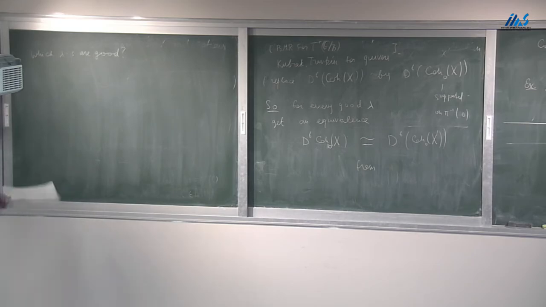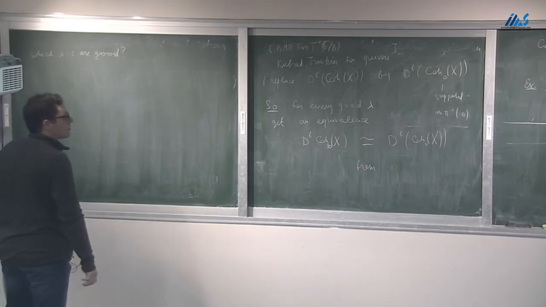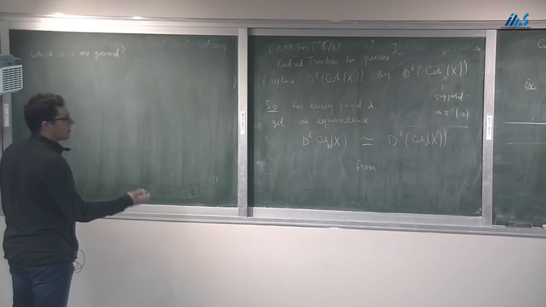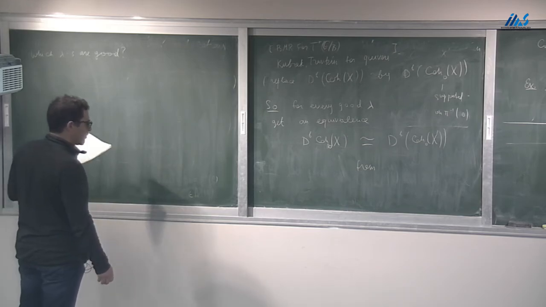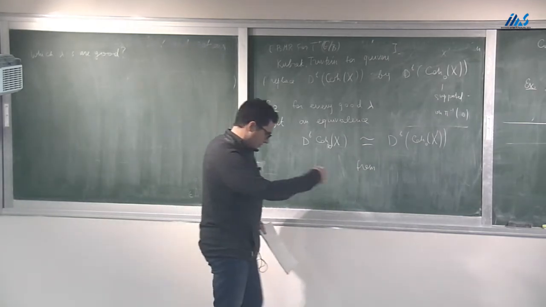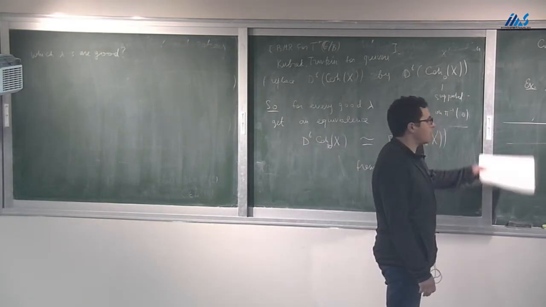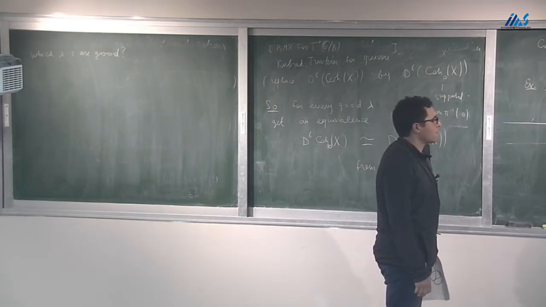And the expected answer, which is known in some cases, is that the bad lambdas are exactly the ones which lie on these hyperplanes.